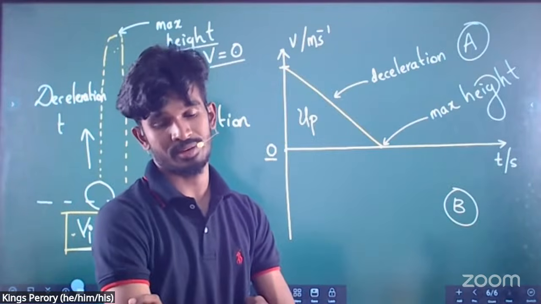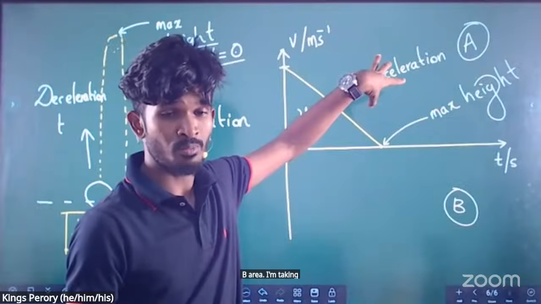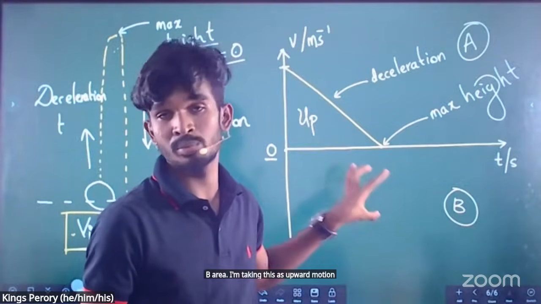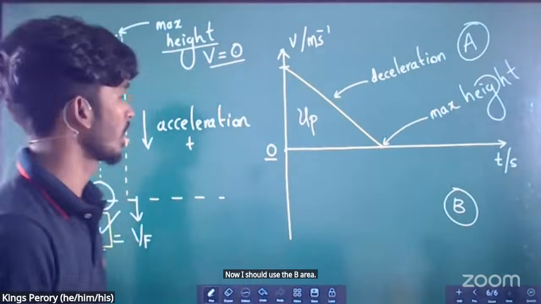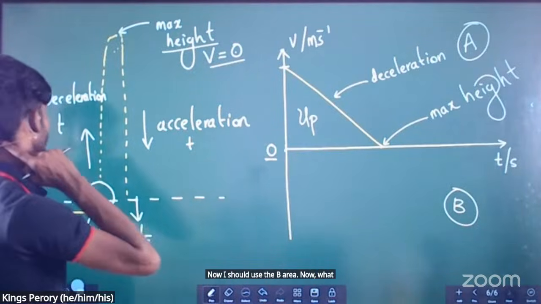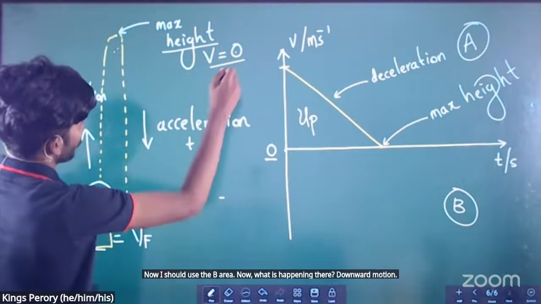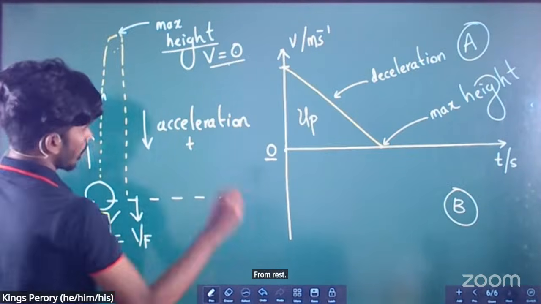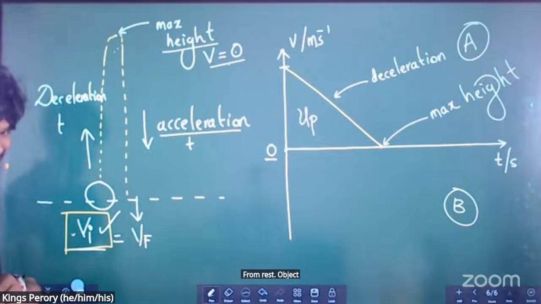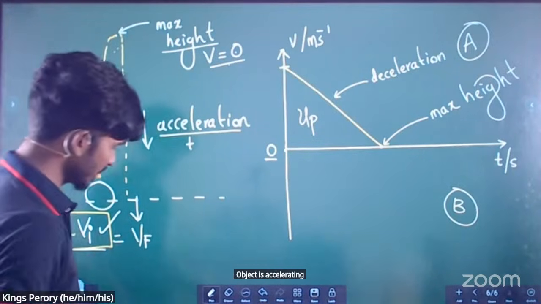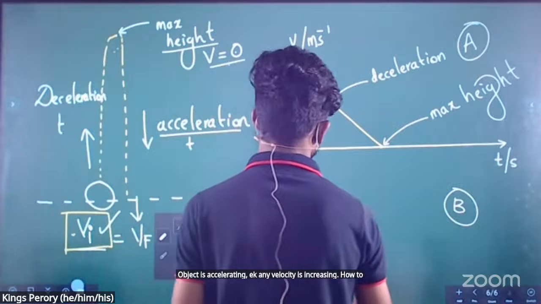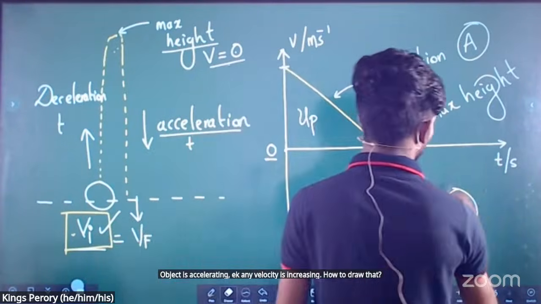B area. I'm taking this as upward motion, then guaranteed downward motion should be in the B area. Now what is happening there? Downward motion from rest, the object is accelerating. Again, velocity is increasing. How to draw that?